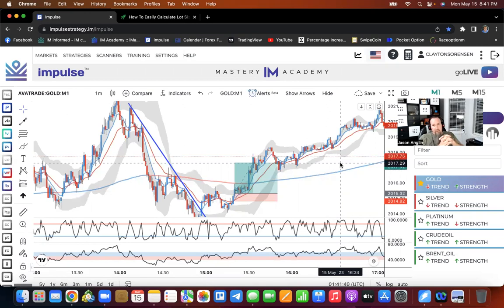So don't ever move your stop loss down, because that means you're now risking more of your account. But if you decide it's moving really well and you want to move your stop loss up to 30, great, you just saved yourself $3 off of what you were risking. That's the way I look at it.